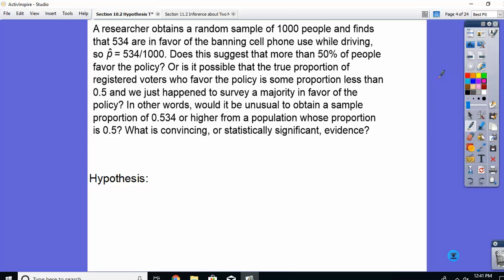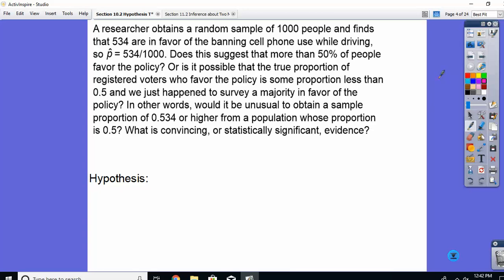Or is it possible that the true proportion of voters who favor the policy is something less than 0.5, and we just happen to get a sample where they were in favor? So we're trying to decide, do I actually believe this or not? Is this convincing that more than half the people do, or is it not?